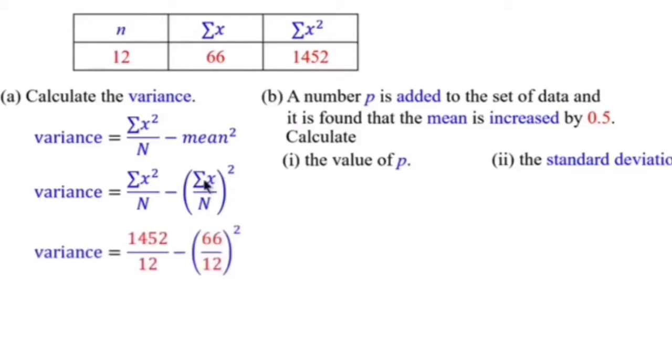Sum of x squared is 1452, n is 12 from the table, minus sum of x is 66 over 12, and then square. So the variance is 90.75.